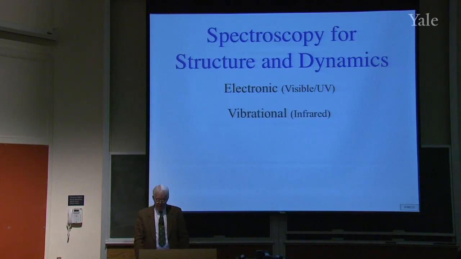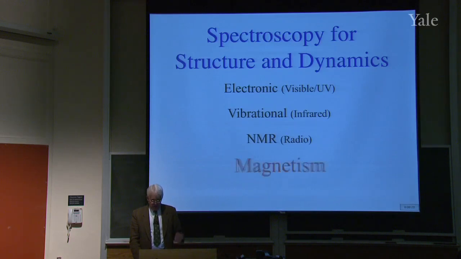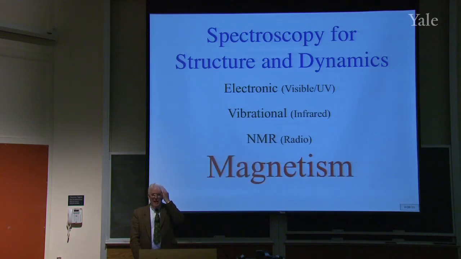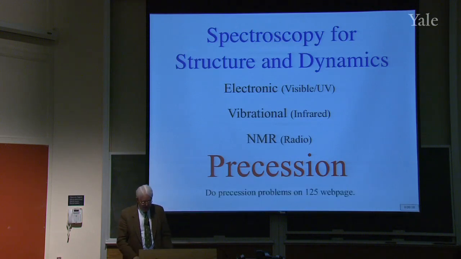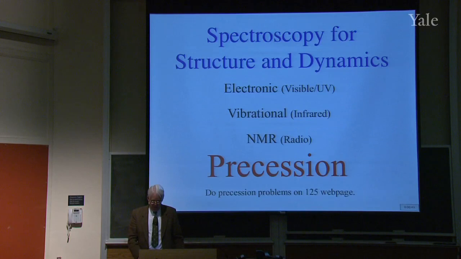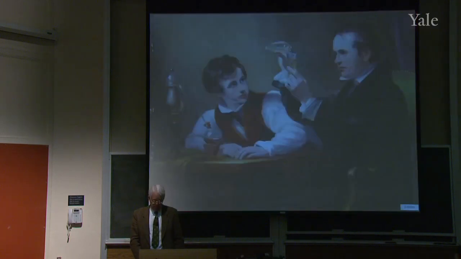We've just seen vibrational, and we're going on to nuclear magnetic resonance, which is at a much lower frequency, radio frequencies, and involves magnetism, which we haven't discussed yet. And it involves precession, which we haven't discussed yet. But there are problems on the Chem 125 webpage that will help you understand what's involved in precession.